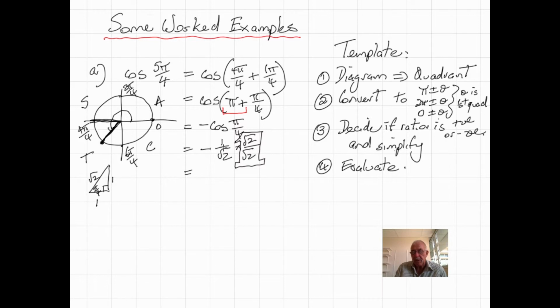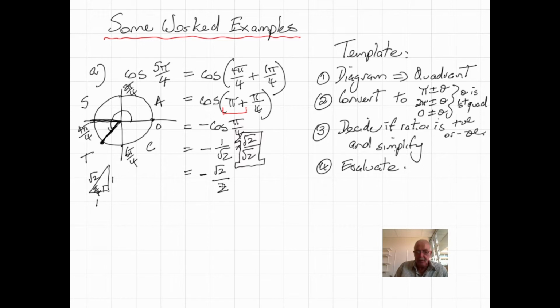So all I'm doing is multiplying that by 1, not going to change the value, but what it does do, root 2 times 1, we've still got the negative, root 2 times 1 is just root 2 in the numerator, and in the denominator, root 2 times root 2 is 2. So I've done the 4 steps of my template here, and we'll work through that one to get the answer of cos of 5 pi on 4.